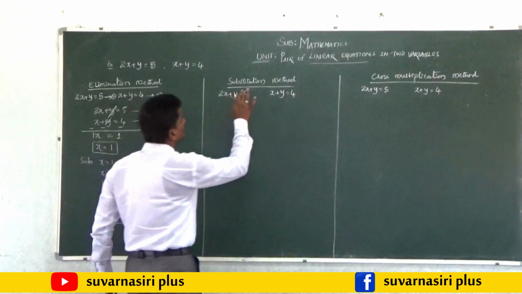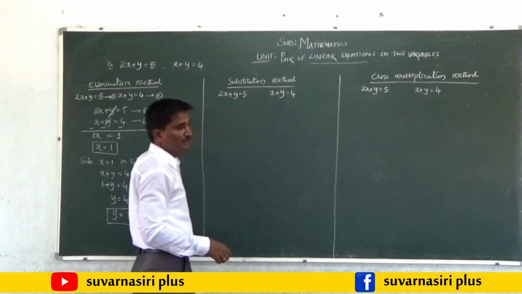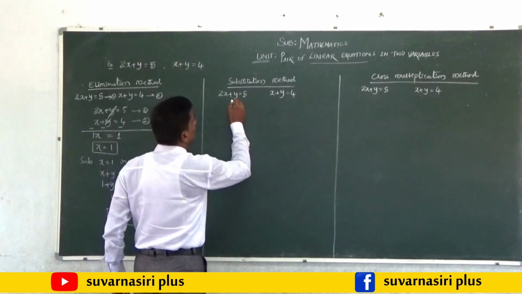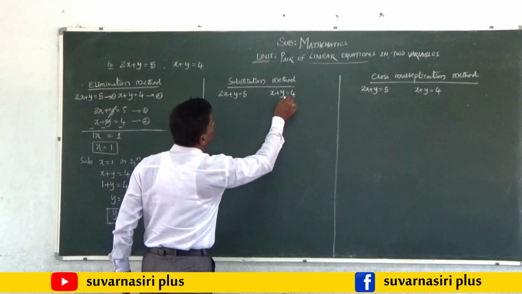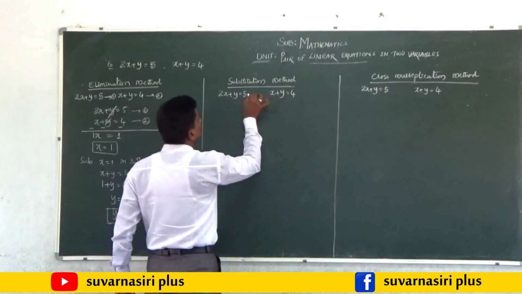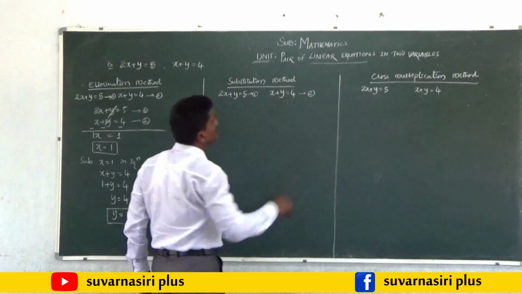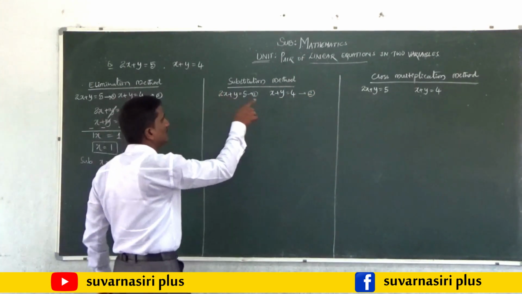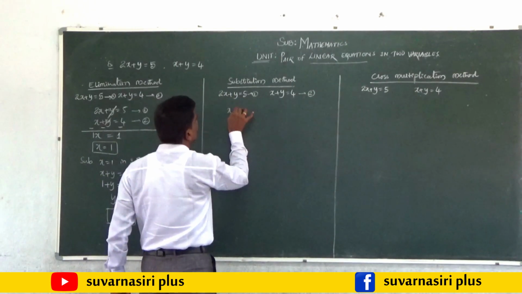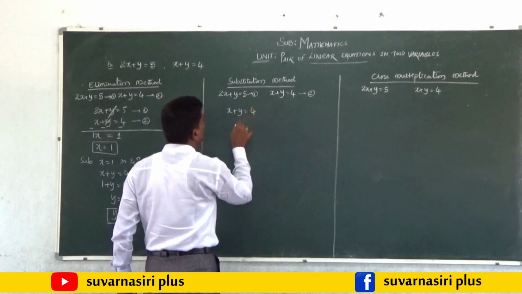The second method is the substitution method. Take any one equation, better to take the simple equation, and change this one. Equation number 1, equation number 2. First you have to make it a single variable equation. This one, x plus y is equal to 4.